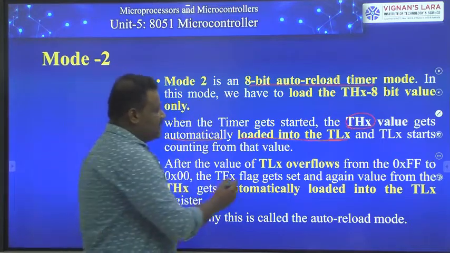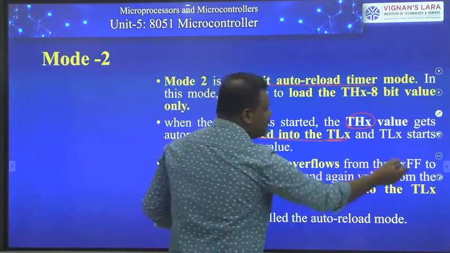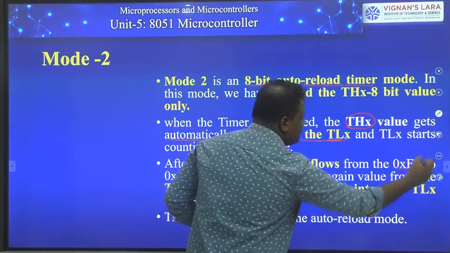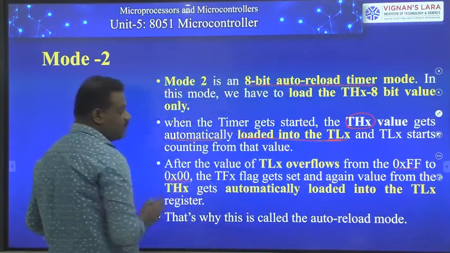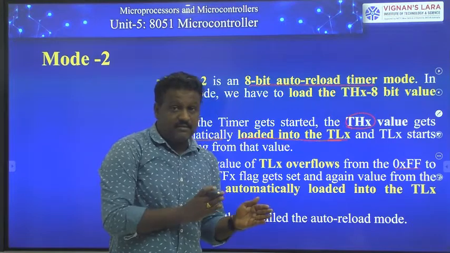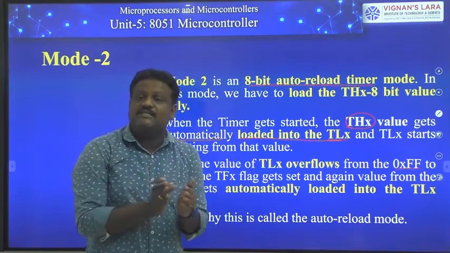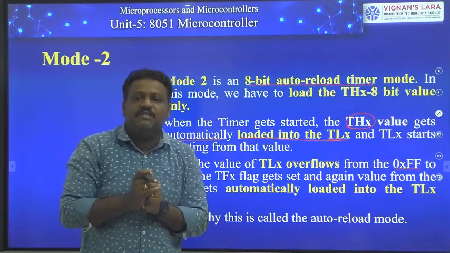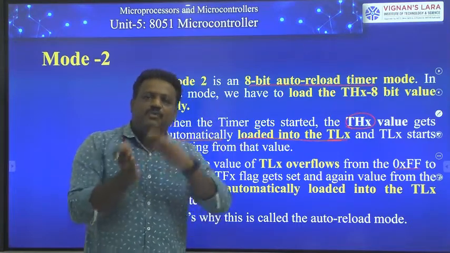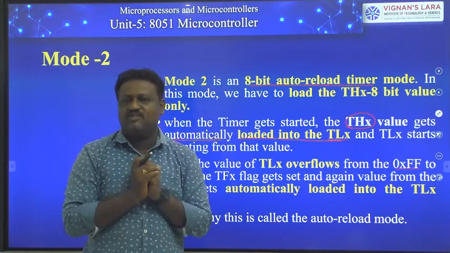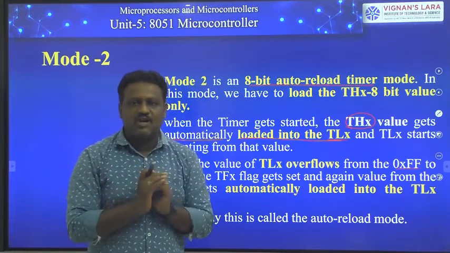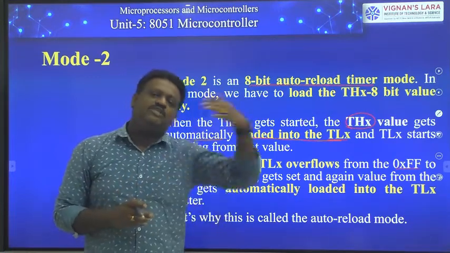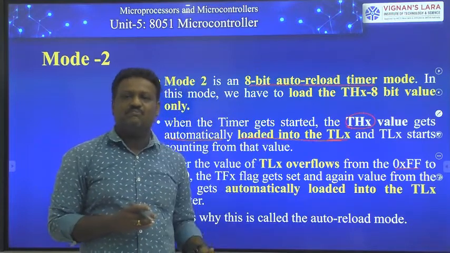After the value of TL overflows from FFH to 00H, that means TL, the lower byte of the timer, is 8 bits. Once its content reaches the maximum value, that means 8 ones, hexadecimal equivalent FFH, the time it receives one more clock pulse, its content goes from maximum to minimum.